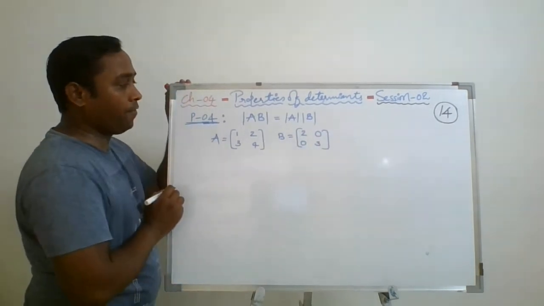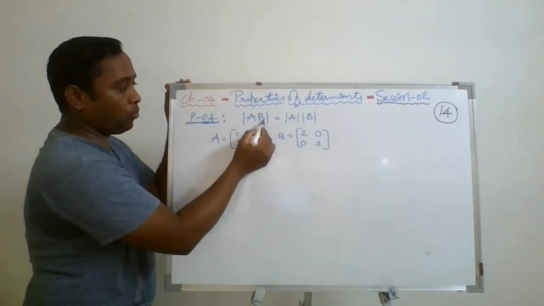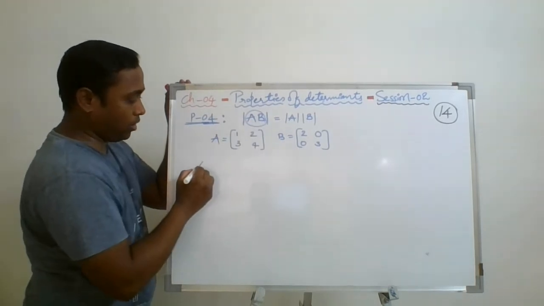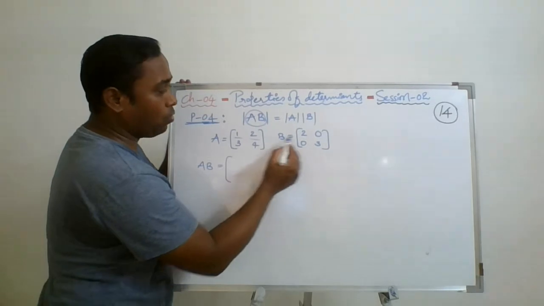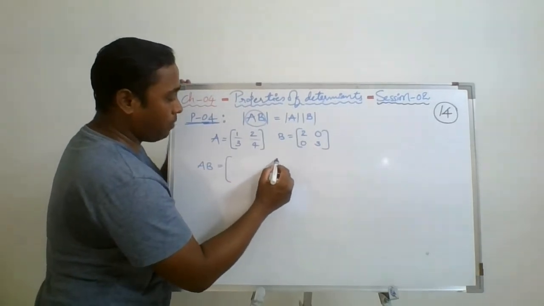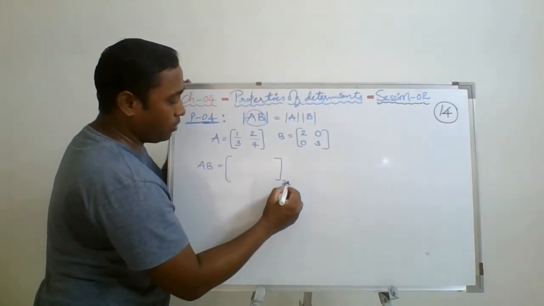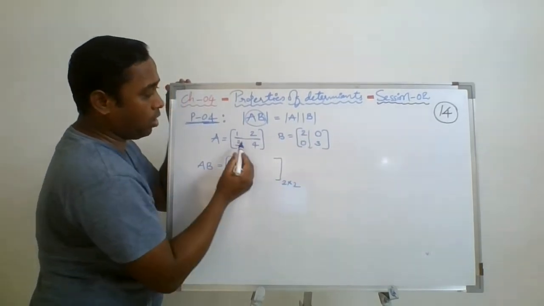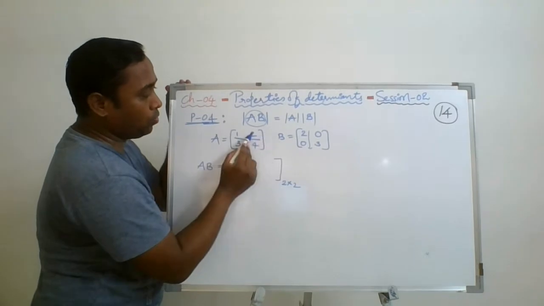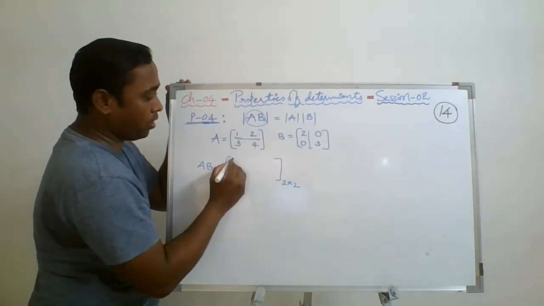Now first I will calculate the product of these two matrices, and you know how to get the product of two matrices. I am going to get the 2 by 2 matrix this way. First row, first column element: 1 twos are 2, 2 zeros are 0, the total sum is 2.